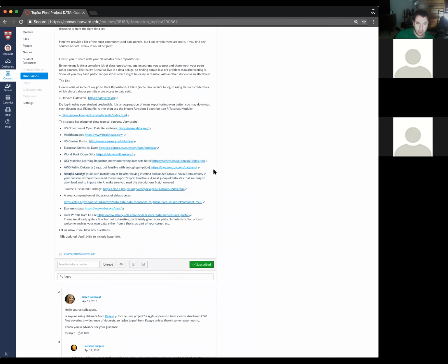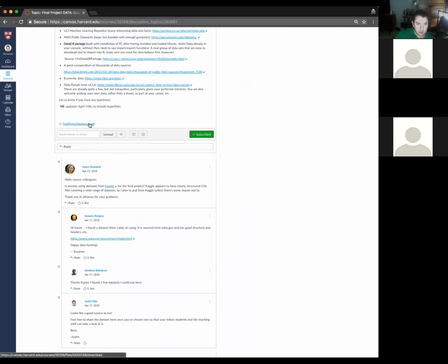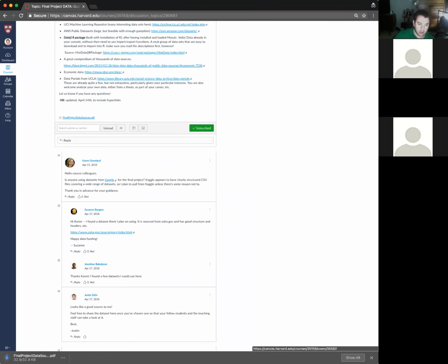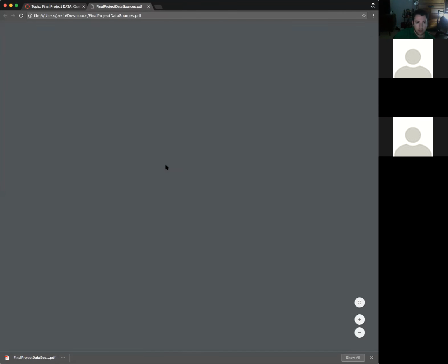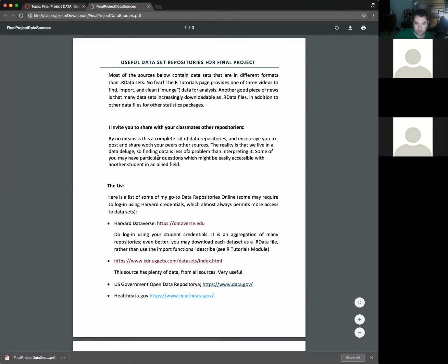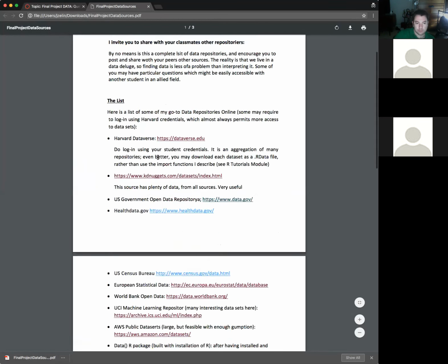In addition, the Mosaic package actually has a number of data sets loaded inside R as well that you can take a look at. So we give you a number of different resources if you wanted to look for your own data set.